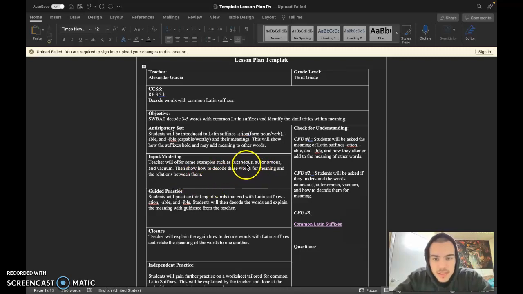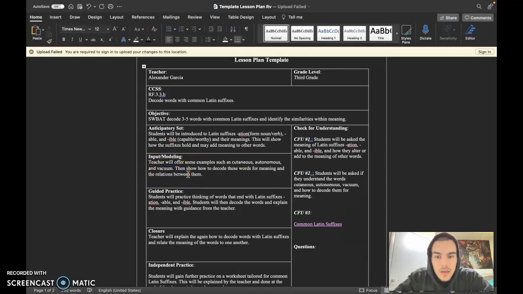So we can see that the first two words, cutaneous and autonomous, both end in the OUS, and this is a Latin suffix. Another one would be vacuum, which ends with the suffix um. That is another Latin suffix that adds meaning to the base word.